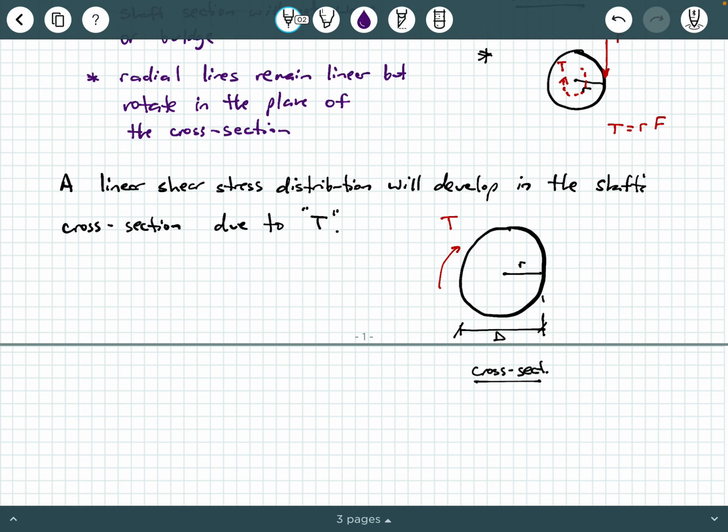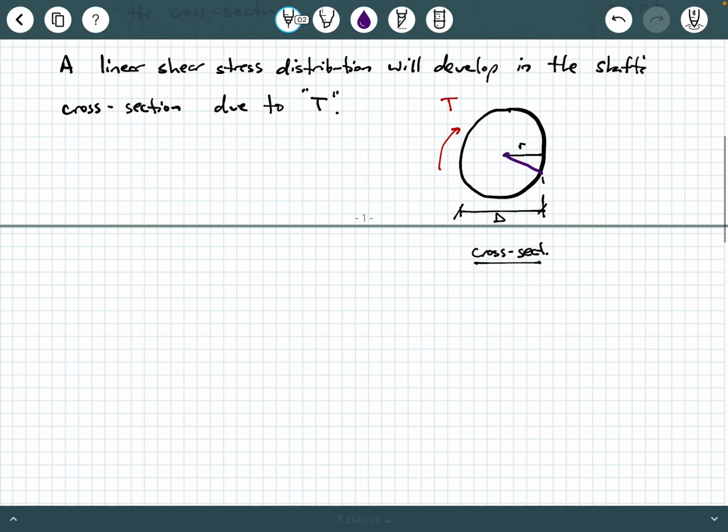And it's going to look something like this. It's going to start at 0 at the center of the shaft, and it's going to extend to a maximum value at the shaft's edge. So right here at the shaft's edge, we're going to have a tau max, okay?